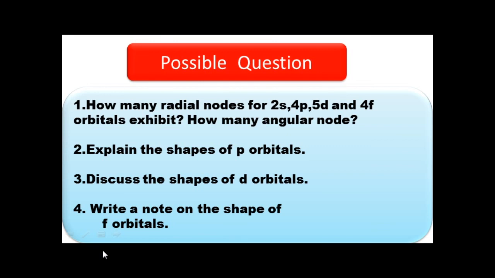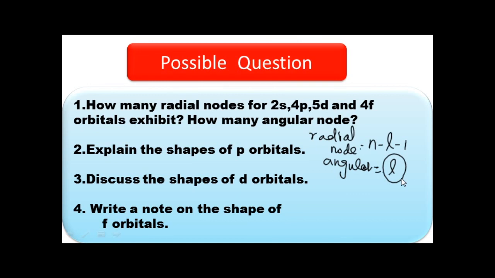I already gave the formula. The radial node formula is n minus L minus 1. Angular node means the L value. What is the L value? The L value is the angular node.